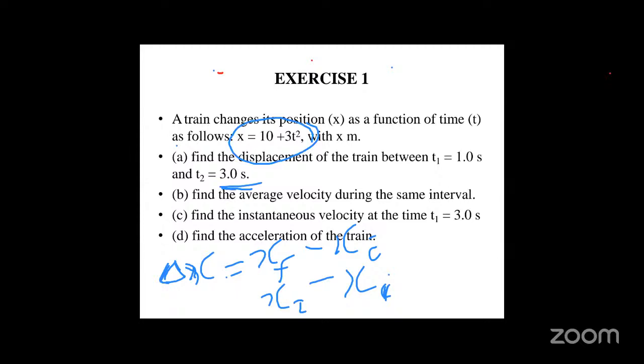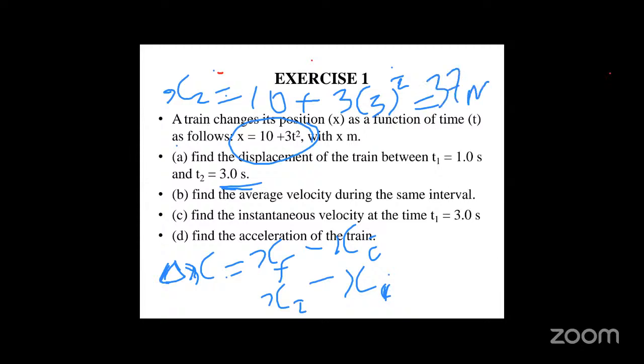So X2 will be equal to 10 plus 3 times T squared, where T is 3. So 3 squared is 9, 9 times 3 is 27, 27 plus 10 will give us 37 meters. That is X2.